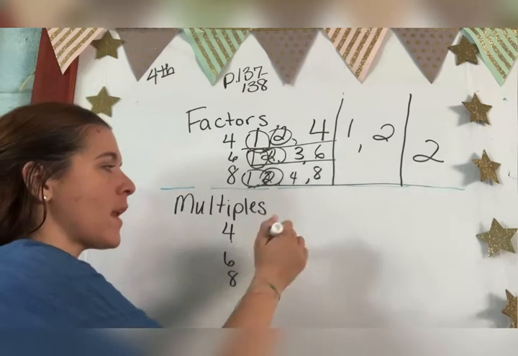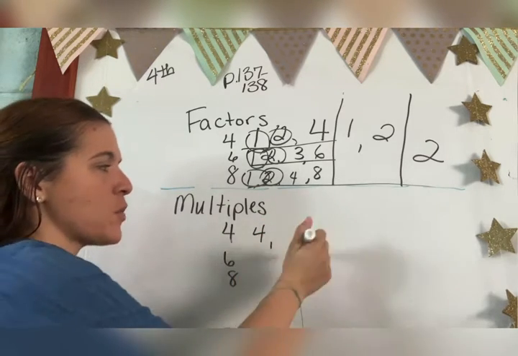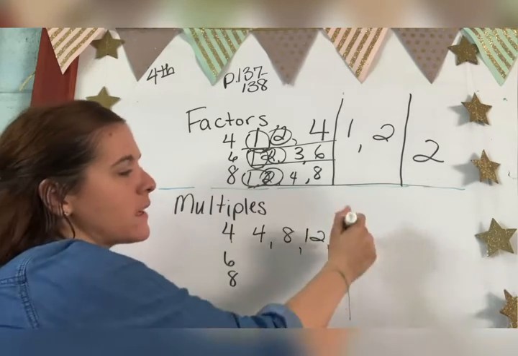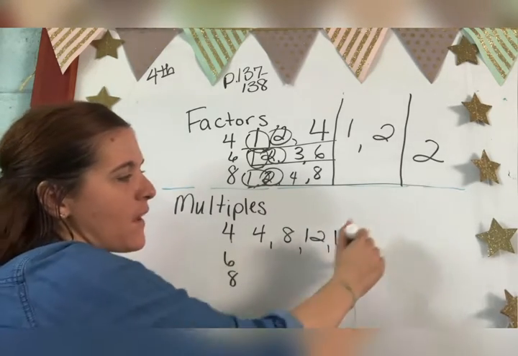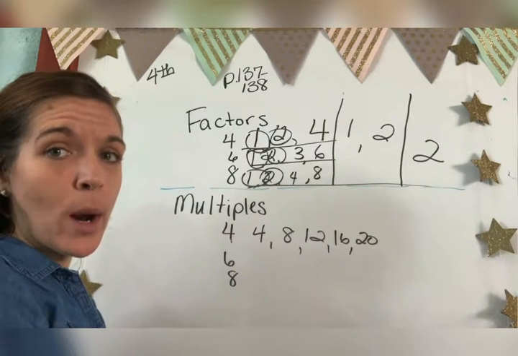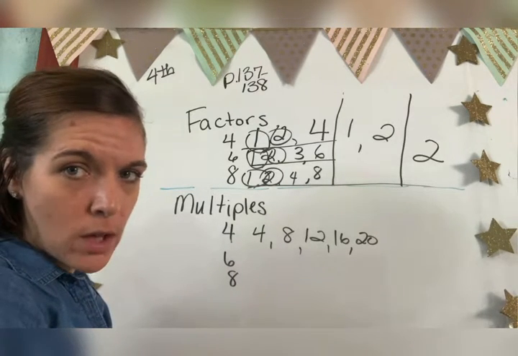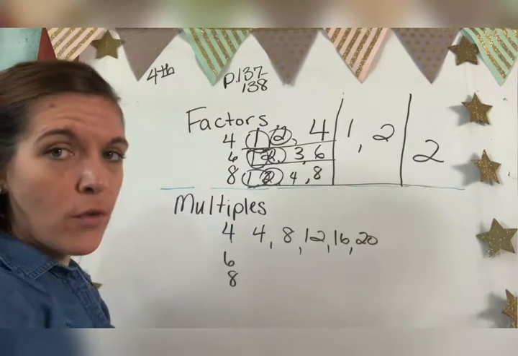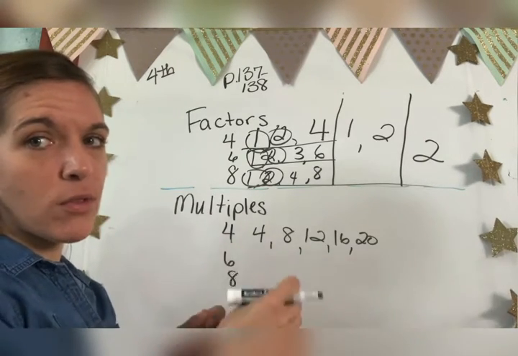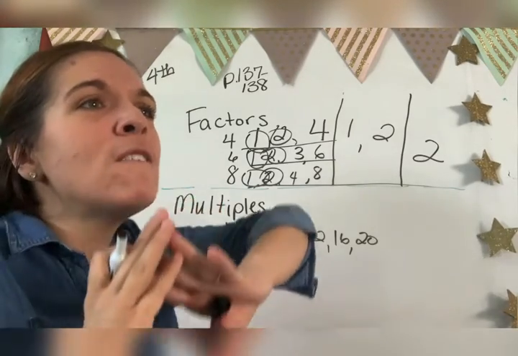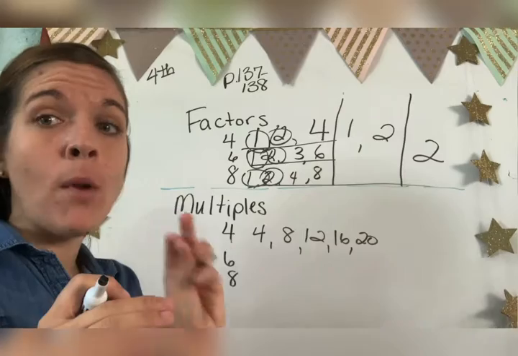Well, 4 times 1 is 4. 4 times 2 is 8. 4 times 3 is 12. 4 times 4 is 16. 4 times 5 is 20. Those are your multiples, okay? There are an infinite number of multiples, okay?